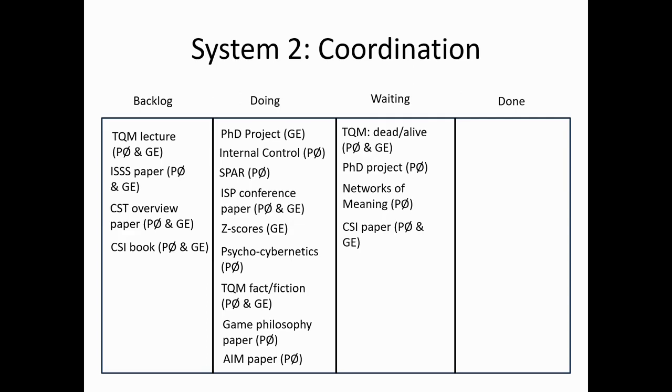It is just a way of listing things up. We have the backlog: the TQM lecture for the autumn, the ISS paper, which we haven't started yet, the CST overview paper, and the CSI book. Those are unstarted projects. Then we have projects running, like your PhD project and the internal control book that I'm writing at this very moment.